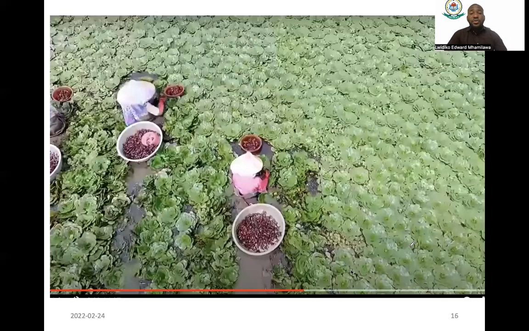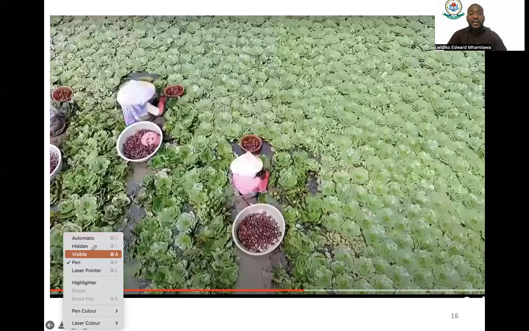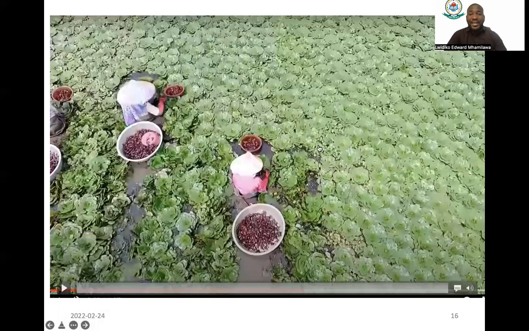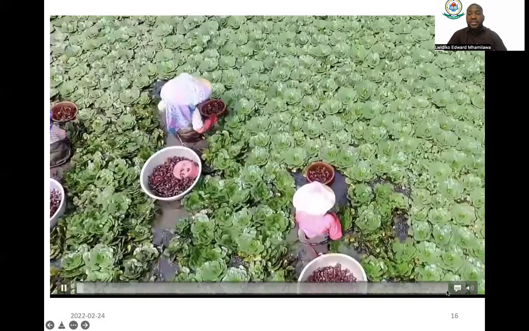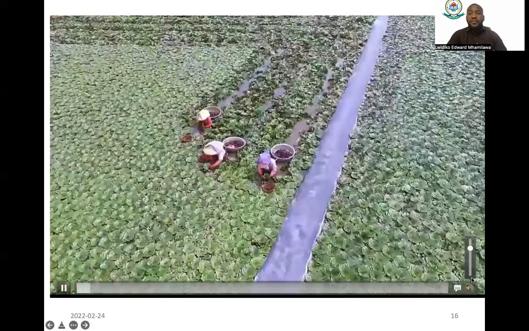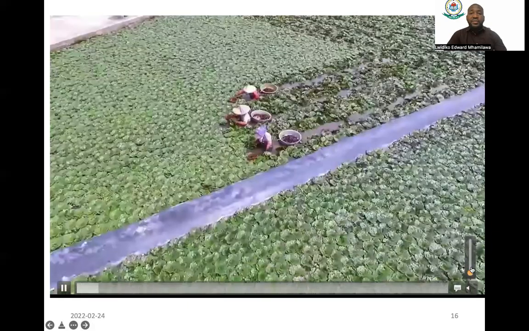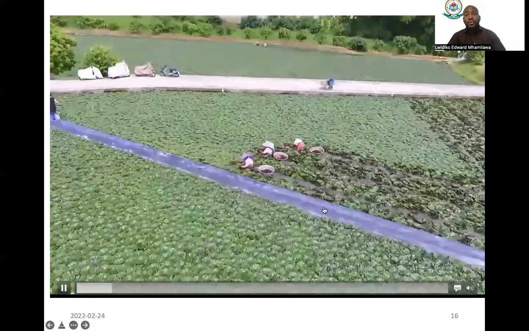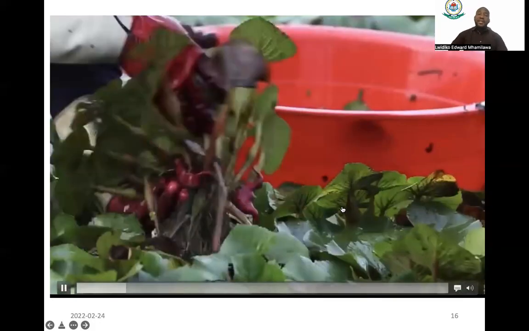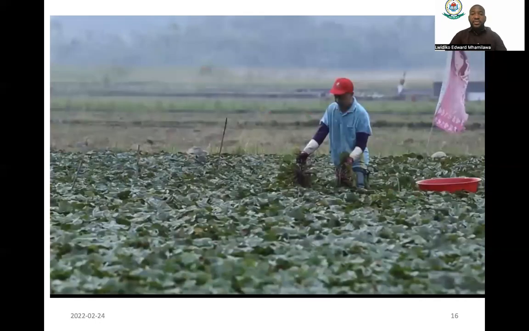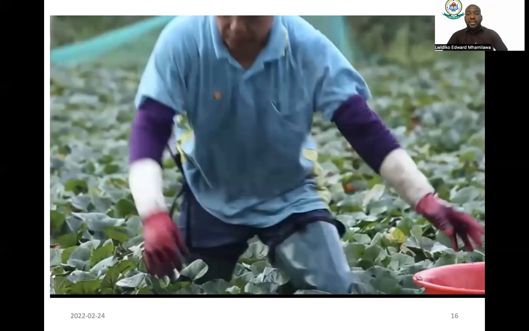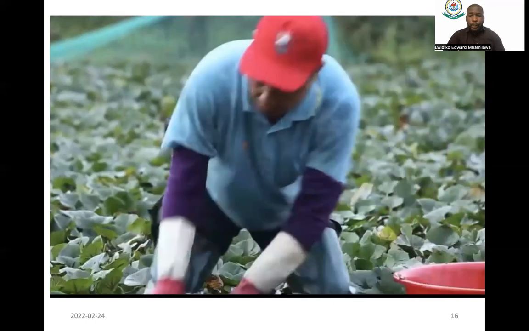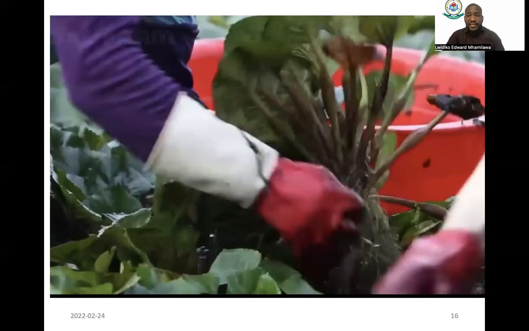This is an image from the video that shows an example of where you could have these water plants, watercress. So you can see how they're processing them. This is a water pond, a big pond that has water, and they have water lilies or things like that. This is in Asia, and they take these little plants.